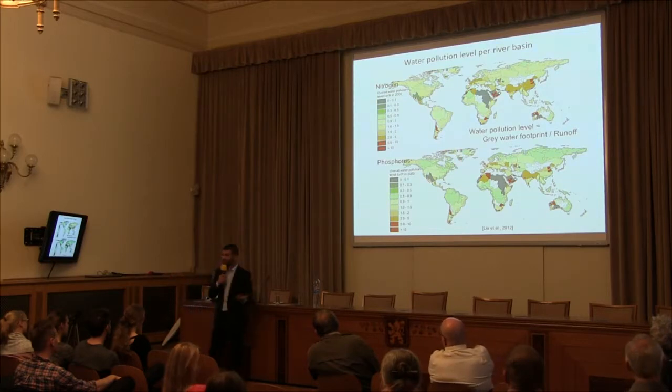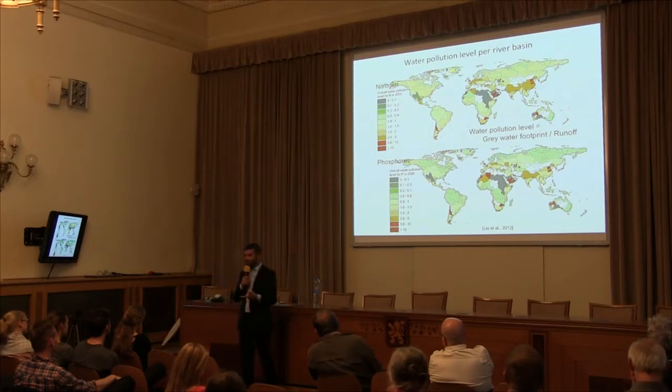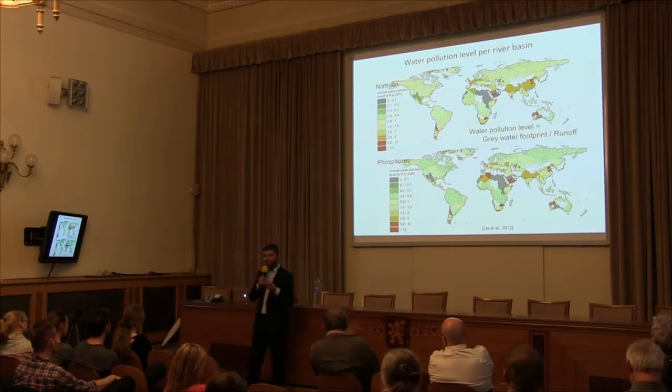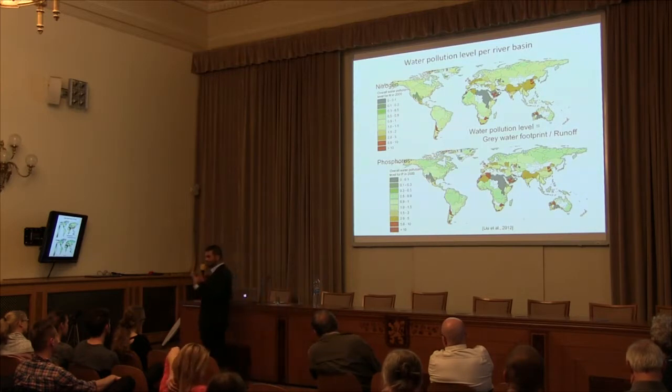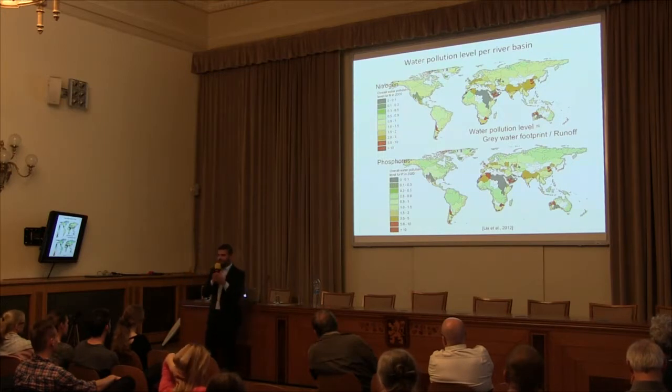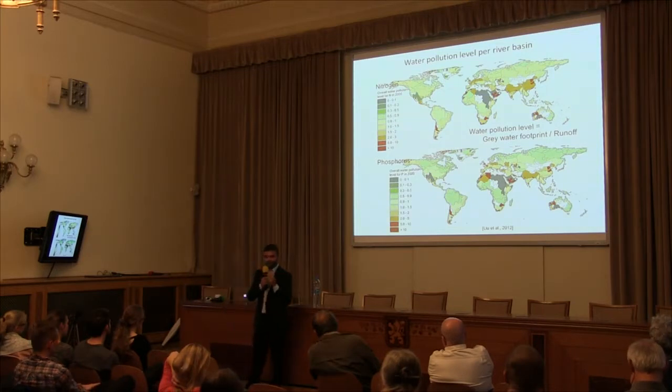But when you build 50 of them, there's a problem. And of course, you're discharging to the river, so you have to look at the environmental capacity of the river.